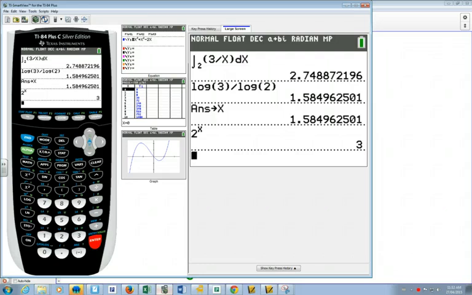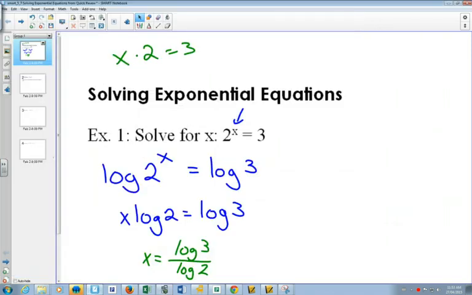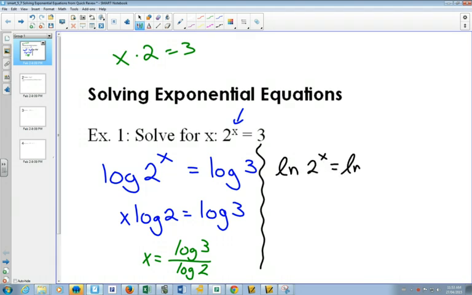So we've got our equation here where we solved it by taking the log of both sides. Now, you can take the log on both sides of anything. So you could have, at the very first step, taken the natural log of both sides as another way to do it. Now, all the steps are going to be the same because natural logs and logs have the same rules.